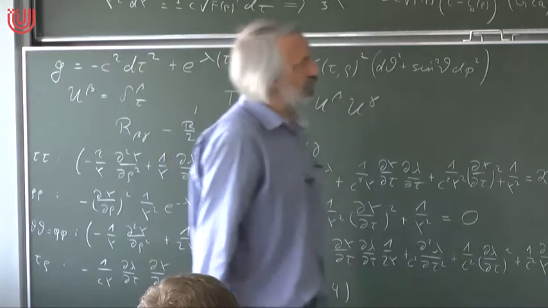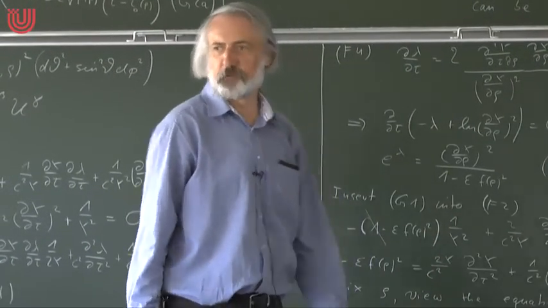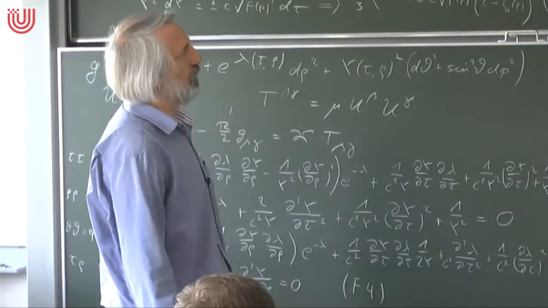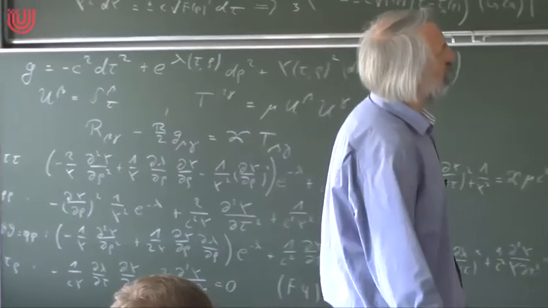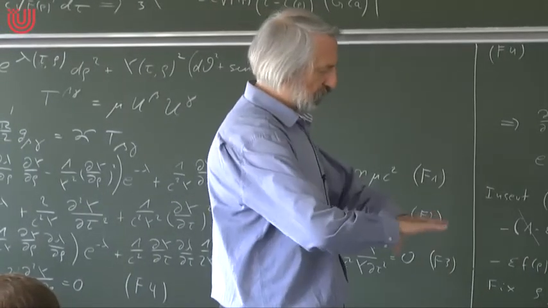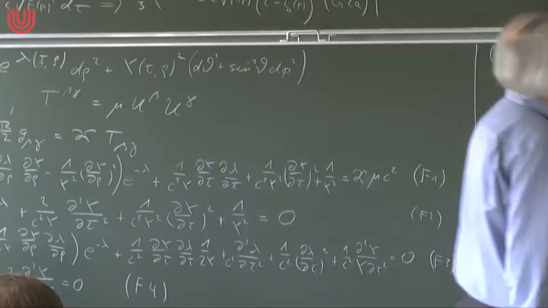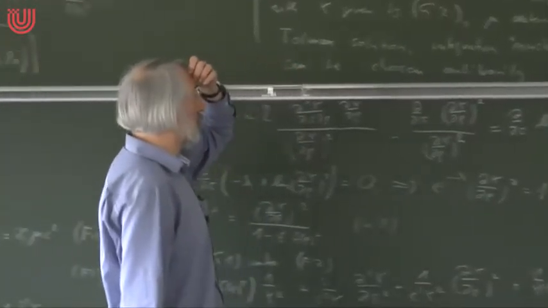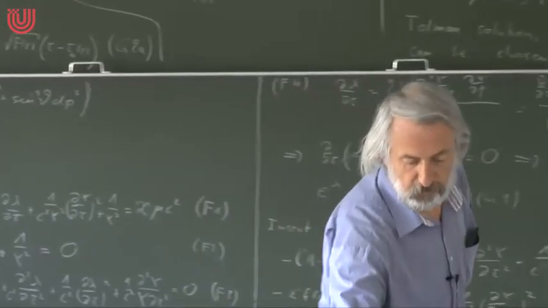And if you subtract this from 3, then you end up with 2 functions. So there are actually only 2 functions in the game, 2 functions with an invariant meaning. And you may interpret this as the initial density and the initial velocity. And now we want to specify this. We want to try to choose these 3 functions in a way that the mass density becomes independent of rho. And I just tell you how this works.